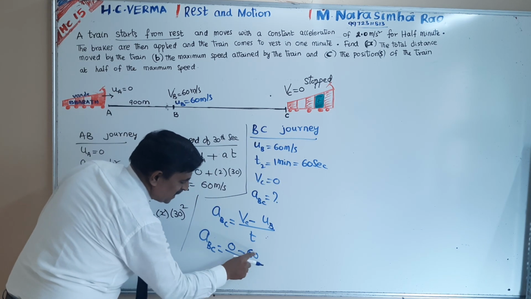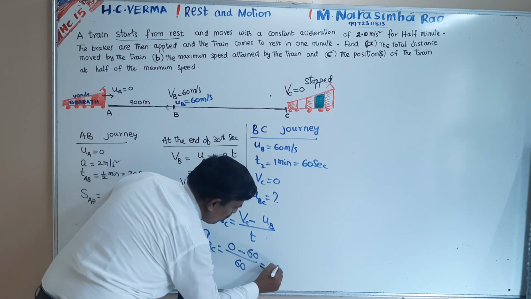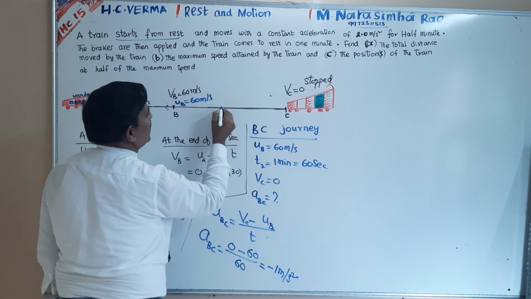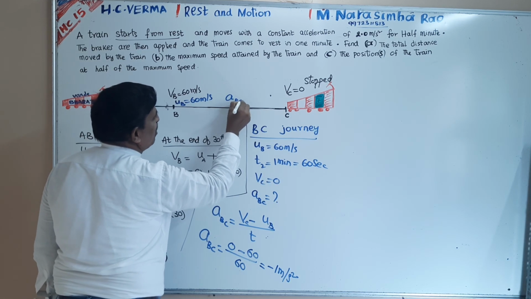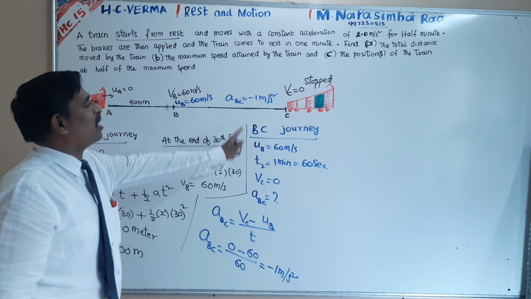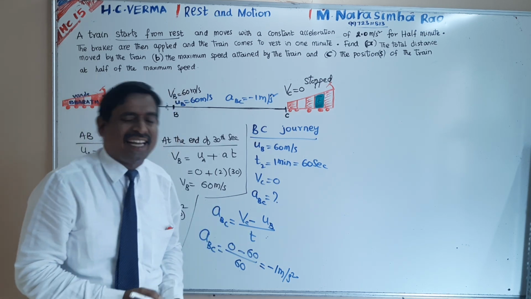No value for 0. 60 by 60 is 1. That is equal to minus 1 meter per second square. In this journey BC, acceleration is minus 1 meter per second square. The negative sign indicates velocity goes on decreasing.